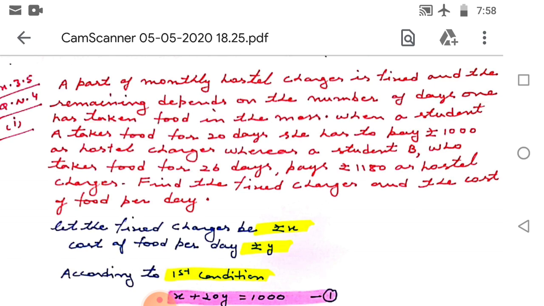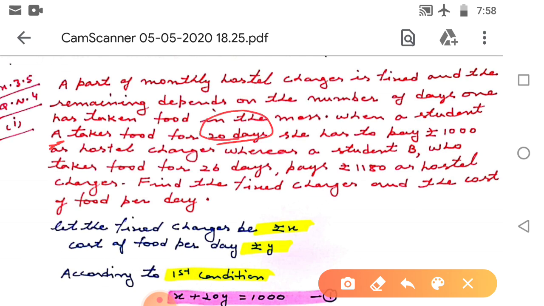Now when a student A takes food for 20 days, she has to pay 1000 rupees as hostel charges, whereas a student B who takes food for 26 days pays rupees 1180 as hostel charges.